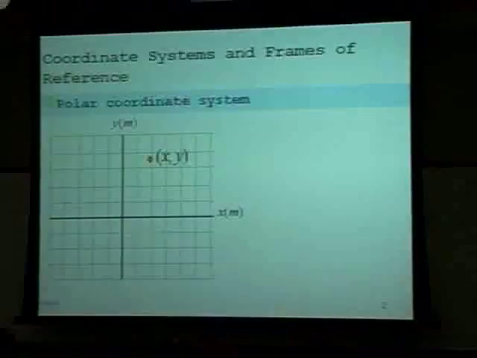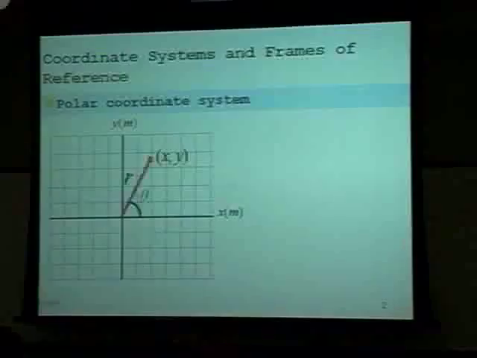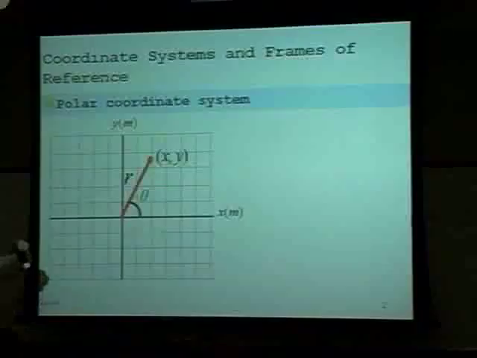Before we actually look at a vector itself, let's remind you what a polar coordinate system is. Say if I were to start with a Cartesian coordinate system, something like this, with the x and y axis, and then I actually have a point, x and y, on this coordinate system. I can also define that point in terms of 2 other variables. I can say that there is a line that starts from the origin to that point, and that line has a certain length, which I'm going to call r.